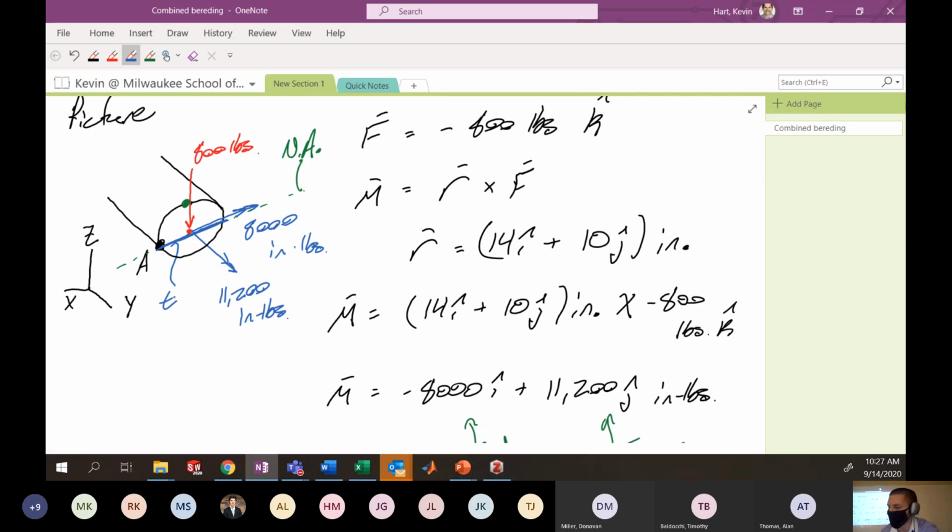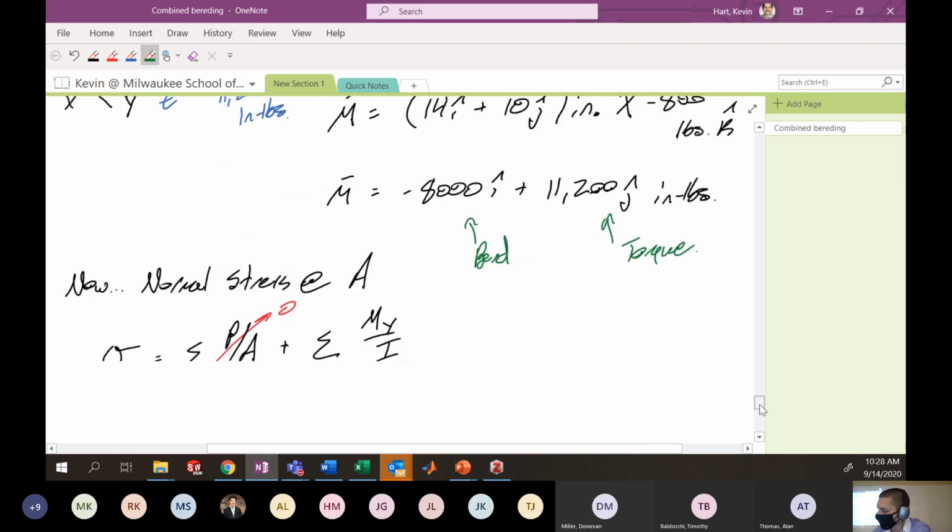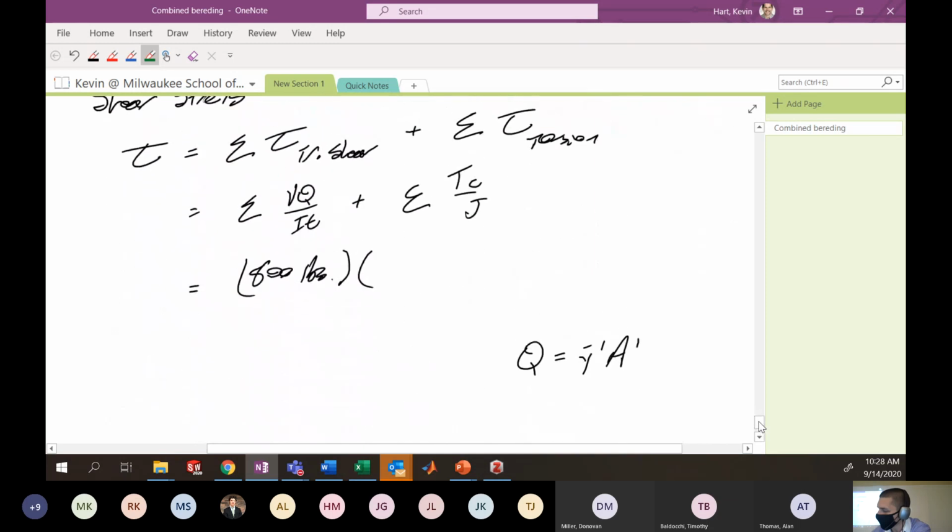Drawing this line allows me to separate this cross-section into two different areas, one above and one below the line. I'll highlight the area above the line here. Remember that the area above this line is the A prime variable in the equation Q equals y bar prime A prime.